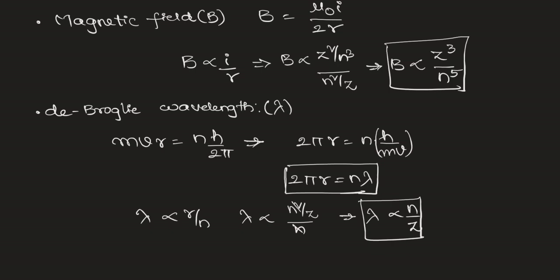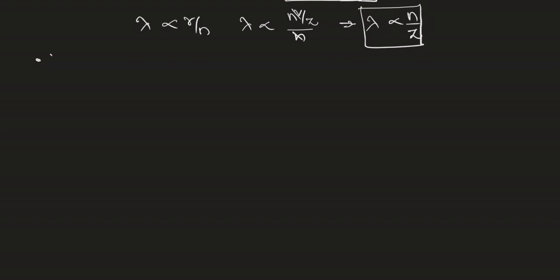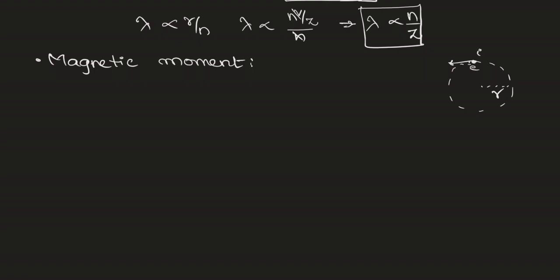And after de Broglie wavelength, they'll ask you about magnetic moment. As a current carrying loop is there, with radius r and current I, as the electron is moving with velocity v, the magnetic moment is given as current into area, which is current into pi r square.